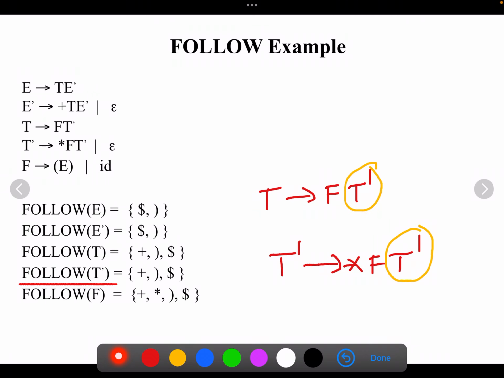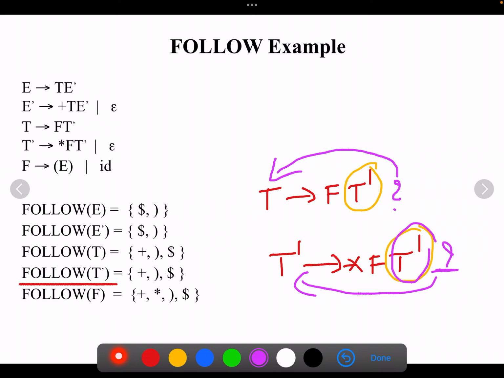Who is following T dash? Nobody. As per the algorithm, what is the answer? Follow of T. Here nobody is there, right? Therefore follow of T dash is follow of T dash only. It's a cycle, so this production cannot be used. Only this production can be used. Follow of T dash is follow of T. Follow of T is already computed, write the same thing here.